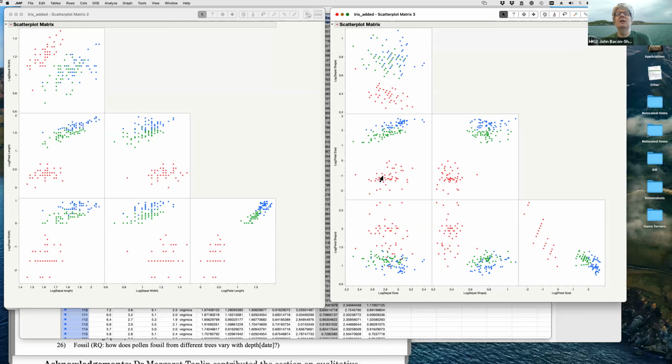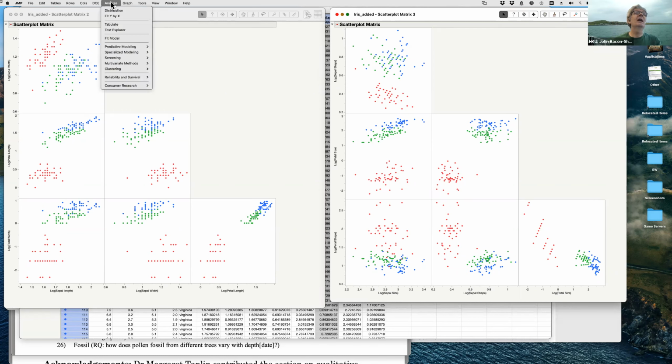You can see the size one very clearly distinguishes the red and is pretty good at green against blue. If I look at the 2 shape variables here, you can see that the green and blue have similar shapes, but I can probably still distinguish the red, though not quite so well. It's harder to separate the red on shape. So it appears that size is more useful, and in fact, that it's particularly petal size.